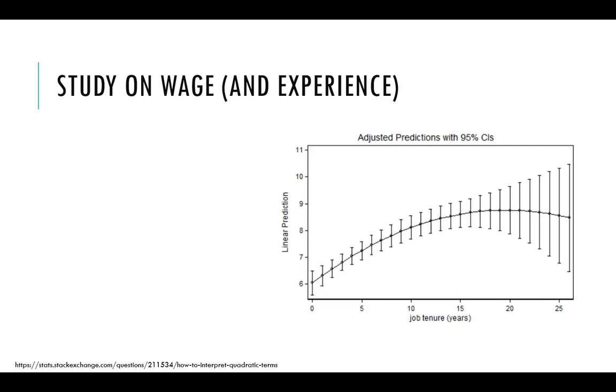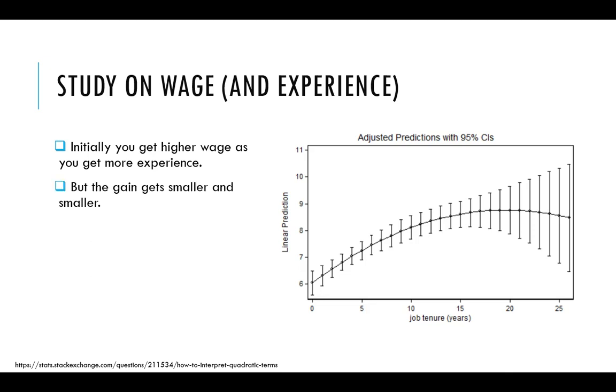In this example, it actually turns out to be slightly backward bending. So again, initially you get a higher wage as you get more experience. We see that. But the gain that you're getting gets smaller and smaller and smaller. And specifically, using the data and the results we just looked at, gets 7 cents smaller. Eventually here on this graph, the net effect is negative, right?